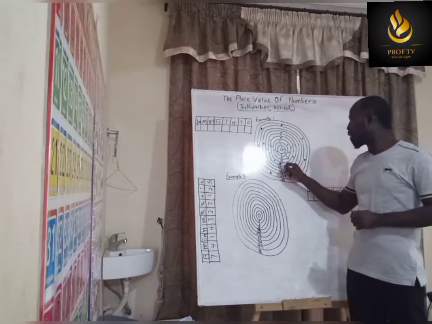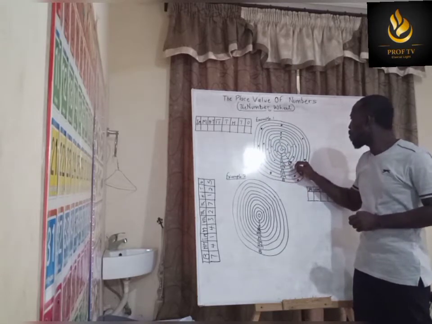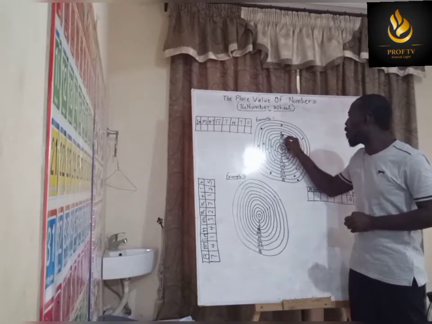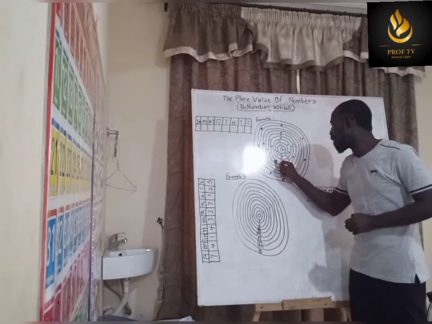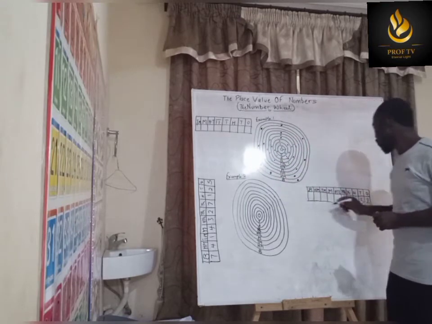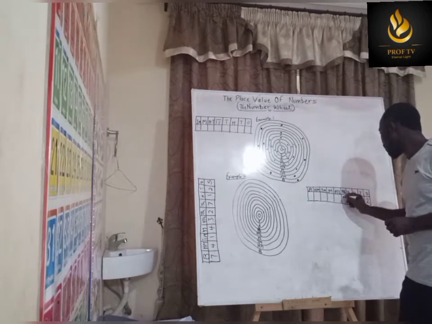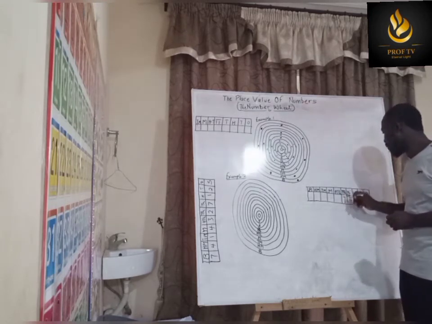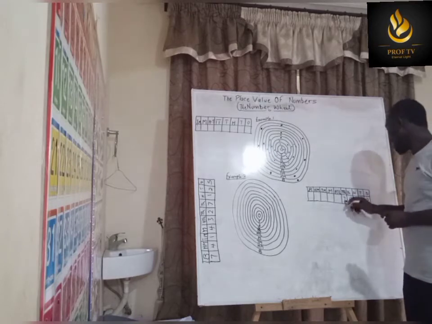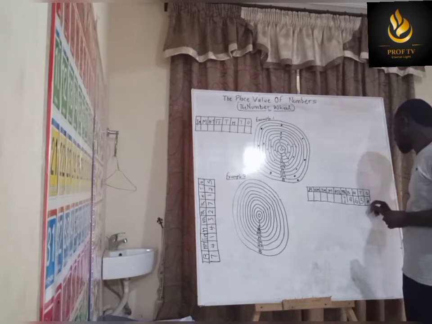Then we can go to our tens of thousand, and we have 1, 2, 3, 4, 5, 6, 7. Okay. So we have 7 here at the tens of thousands. So we can have 74,632.